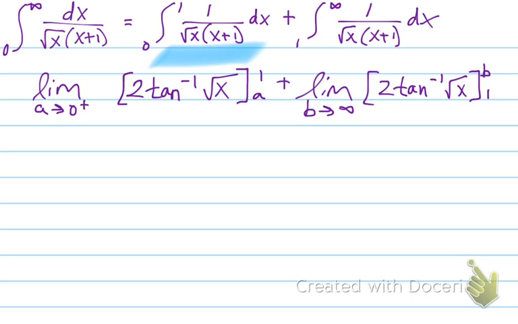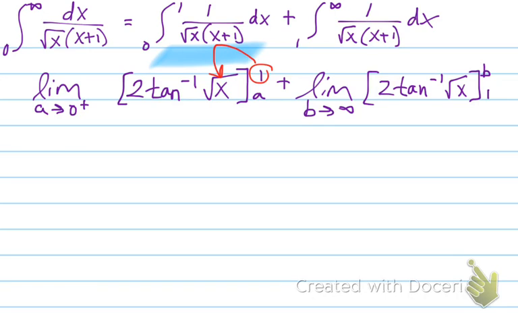So, for this first one, I'll do it in red so you guys can see one at a time. When I plug in 1 here, I get 2 times tangent inverse of 1. And if you remember from our lesson last time, tangent inverse of 1 is actually pi over 4.